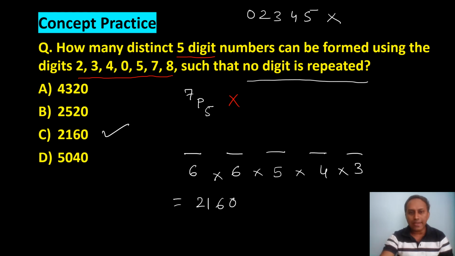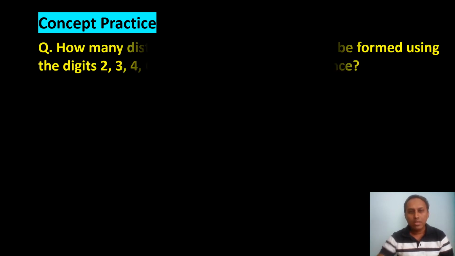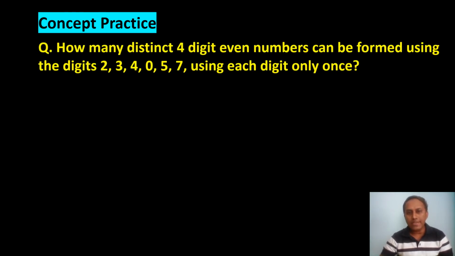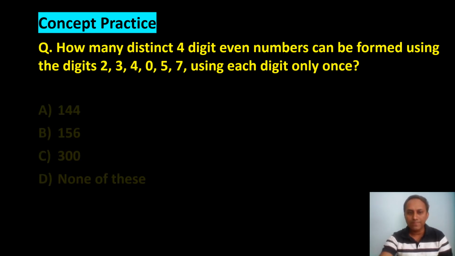Now let's take another example with some more constraints. The question says, how many distinct 4-digit even numbers can be formed using the digits 2, 3, 4, 0, 5, 7 using each digit only once? Only once, so repetition is not allowed.